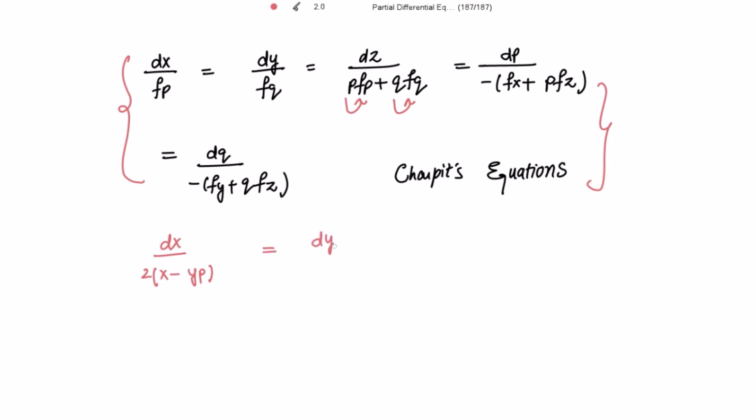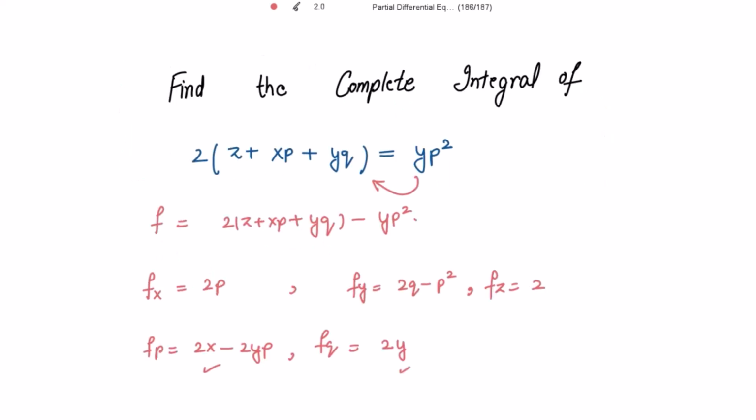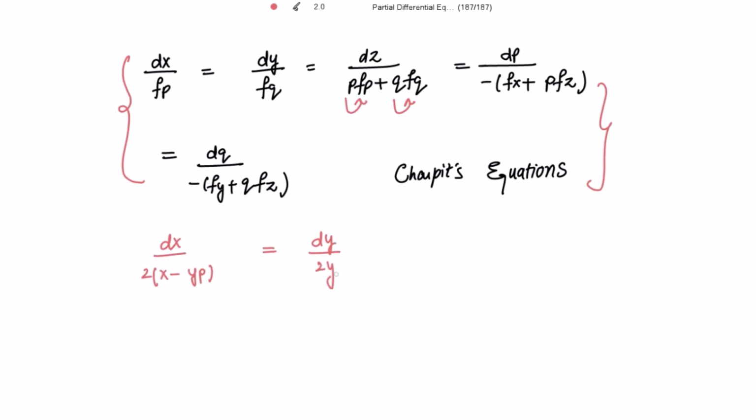And then dy divided by fq, that is 2y, equals dz divided by p multiplied with fp, plus q multiplied with fq. So we get 2p(x minus yp) plus 2qy. Let me multiply p inside and take q outside, so we have p(x minus yp) plus qy, and I'm taking 2 outside.